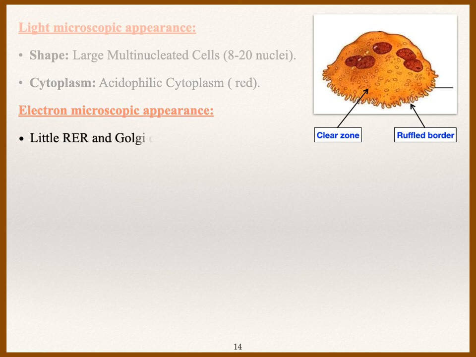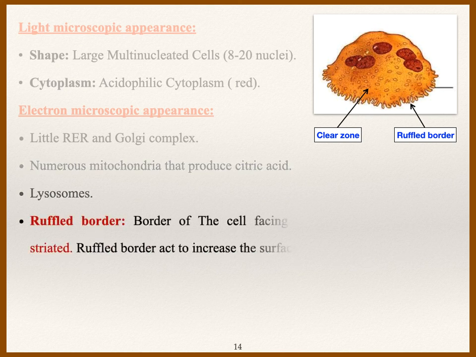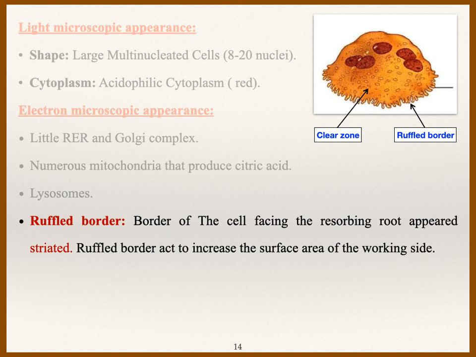Electron microscopic appearance: there is little rough endoplasmic reticulum and Golgi complex, and a numerous amount of mitochondria that produce citric acid, due to the need for more energy required for the process of shedding, lysosomes, and a ruffled border.